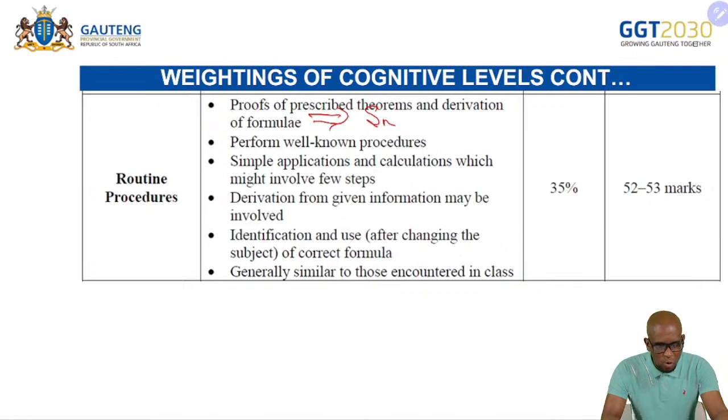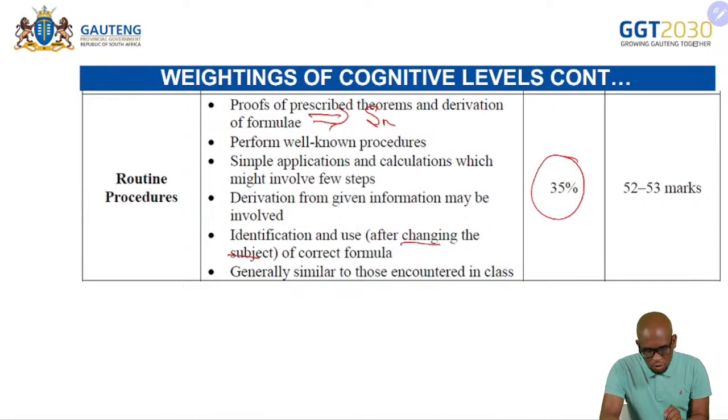You perform well-known procedures, that is also routine. Simple applications, a derivation from given information, identification and use of a formula, but now you change the subject of the formula, then it falls under routine procedures, and that would make up 35% of the paper, which would range between 52 and 53 marks.